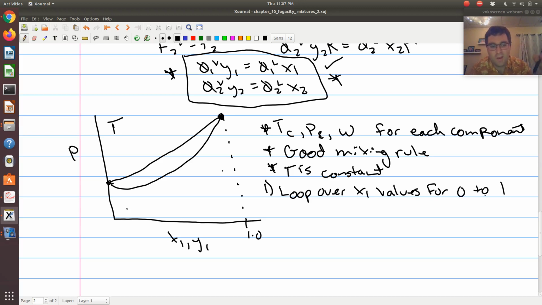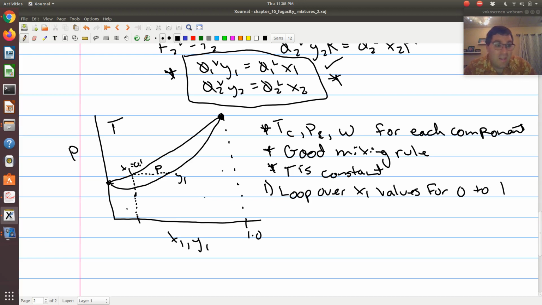So this is my bubble line here. I'm going to look at x1 of 0.1, and for that x1, I want to solve for P and calculate y1. So I fix x1, and for that x1 and that T, I then need to calculate P and y1 for that system at coexistence.